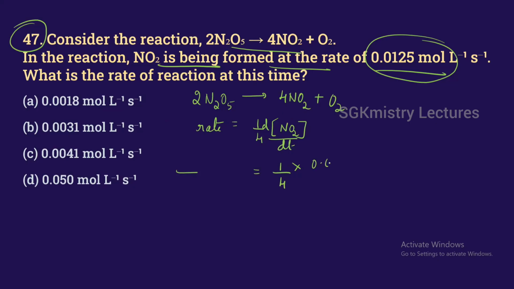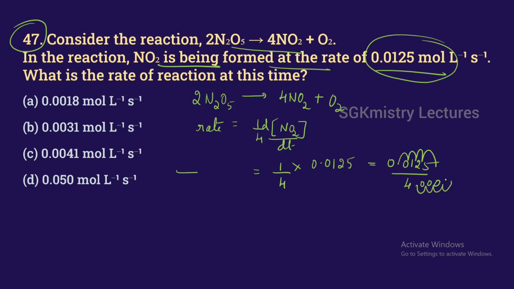So 1 by 4 into the rate of NO2, which is 0.0125. So directly you're doing the calculations. So 0.0125 divided by 4. I can shift the decimal point 4 times.